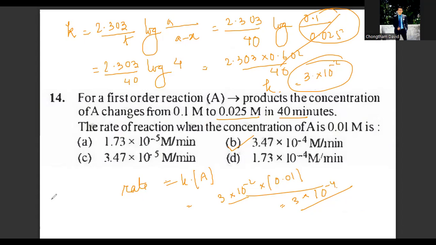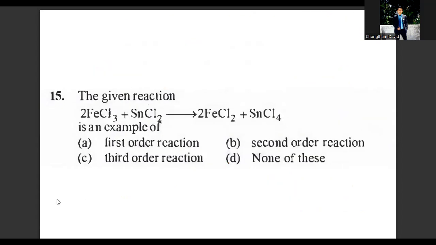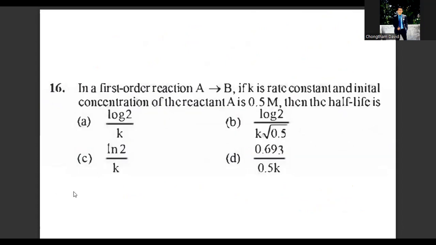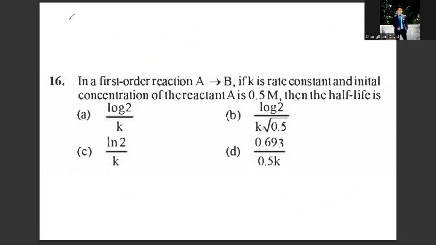Let us read question number 15. The given reaction is an example of, so 2 plus 1, third order reaction. In the first order reaction, A gives B. If K is the rate constant and the initial concentration of the reactant A is 0.5, then the half-life is. Okay, so for first order reaction, what can we conclude from this practice question is that for the NEET exam, the important topic in chemical kinetics is the first order.